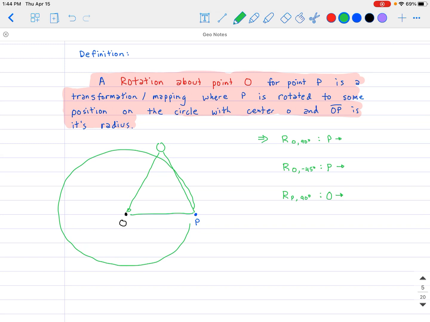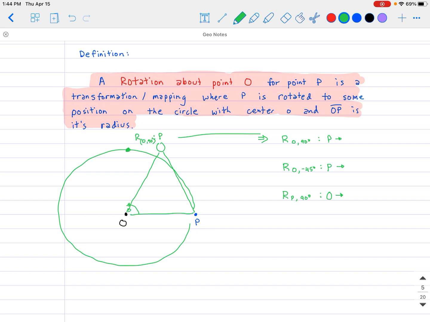From OP, you rotate 90 degrees, and point P is located right here. This point represents P rotated by 90 degrees about point O. So that's the first one.